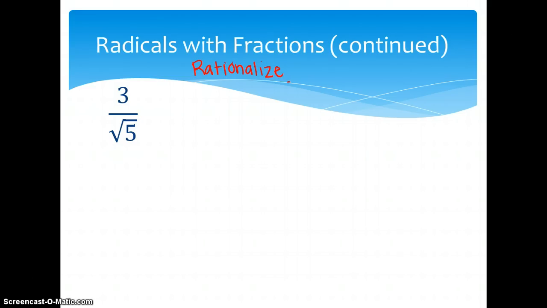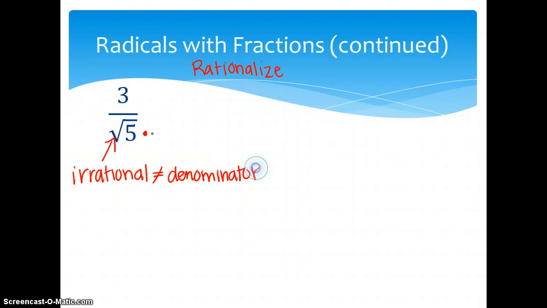So one rule in simplifying is that we can't leave irrational numbers in the denominator. So here we have an irrational number left in the denominator. We need to figure out a way to simplify this so there's no longer an irrational in the denominator. The numerator's fine, it just can't be in the denominator. So how are we going to get rid of that square root of 5?